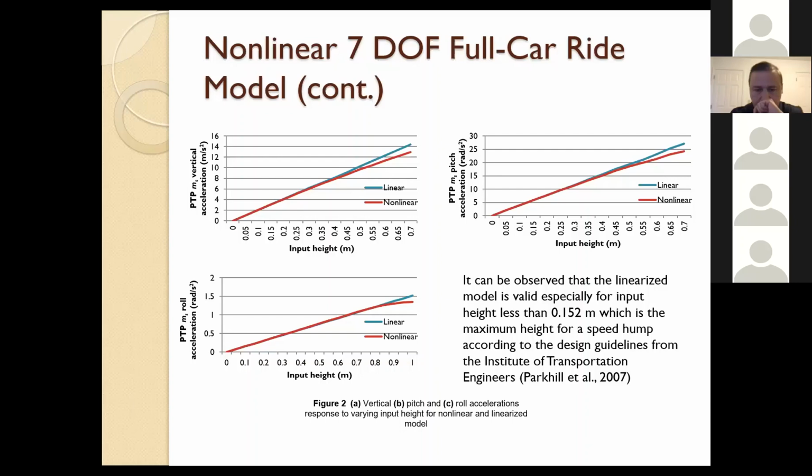So the linear system will give us a very good result unless the height of the input is very, very high, which usually is not common in paved roads. It's not common for passenger cars. It might be for military cars, yes, but for passenger cars, it's not that common. So basically, we concluded that the linear system will be good enough to evaluate what we need to evaluate.